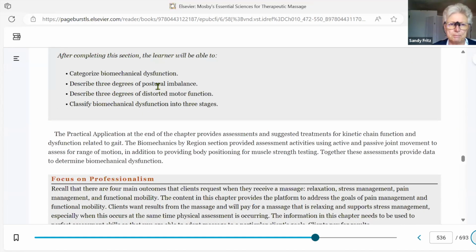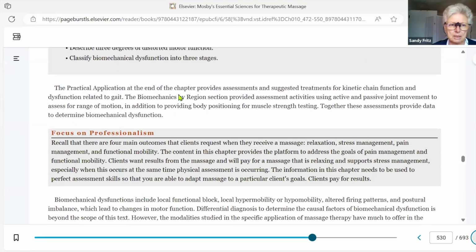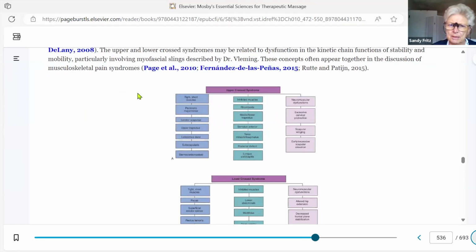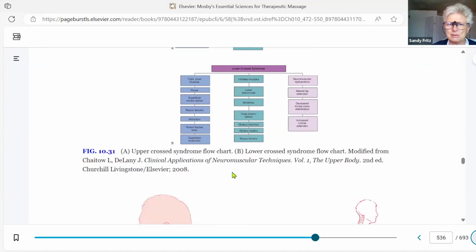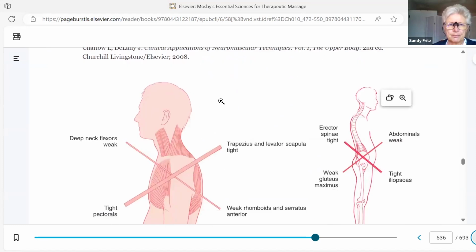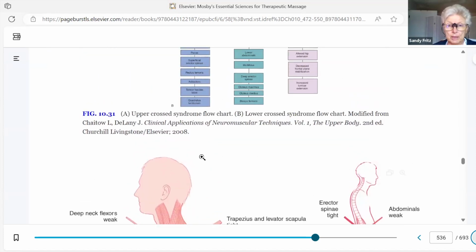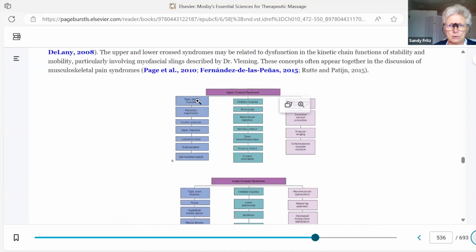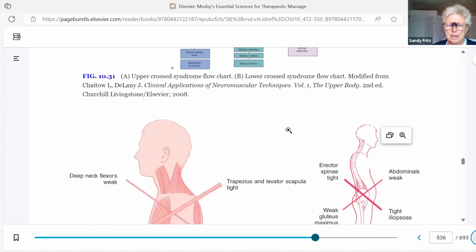So here's your pathology. And the pathologies here are going to be more movement related. They're not necessarily going to be the name of a condition or a disease. So one theory on disruption here is called the upper and lower crossed syndrome.